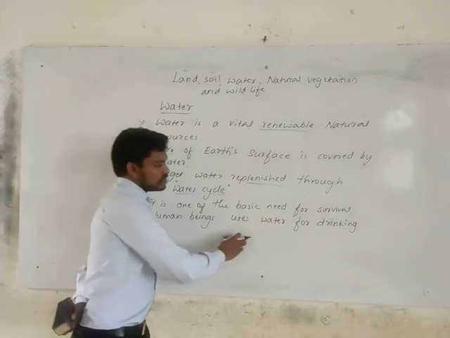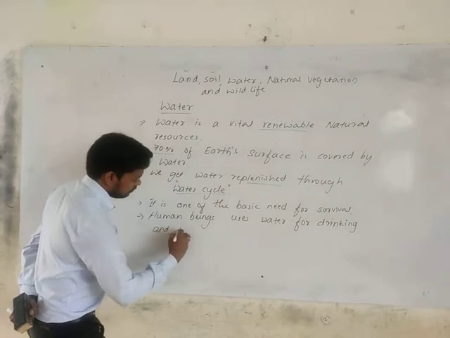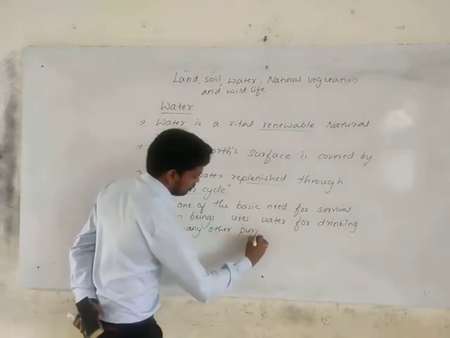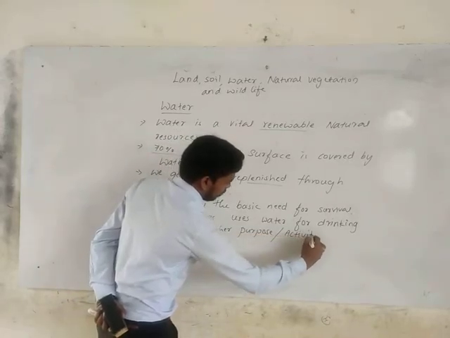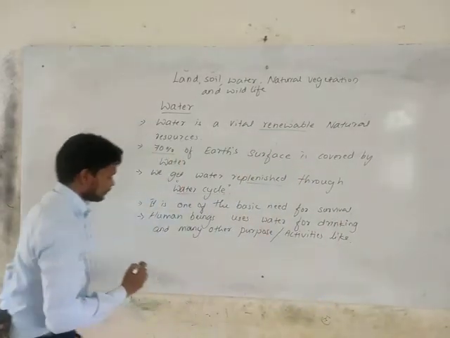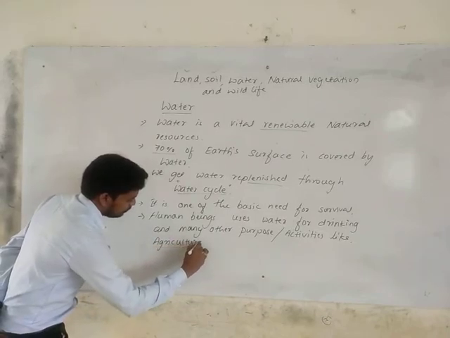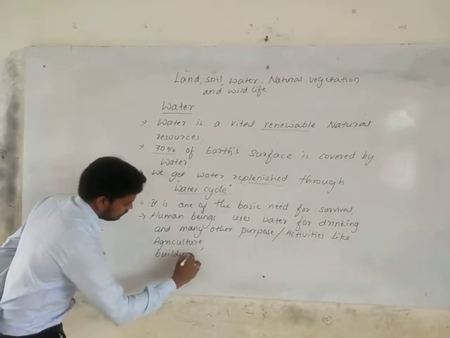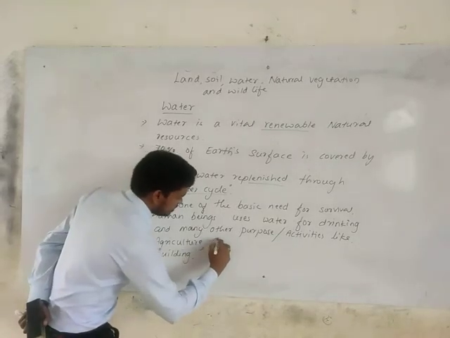So human beings use water for drinking and many other purposes or activities, like agriculture, then building, then industries.